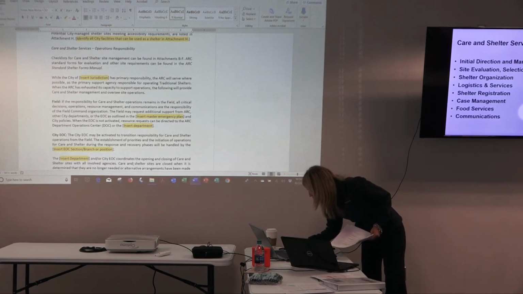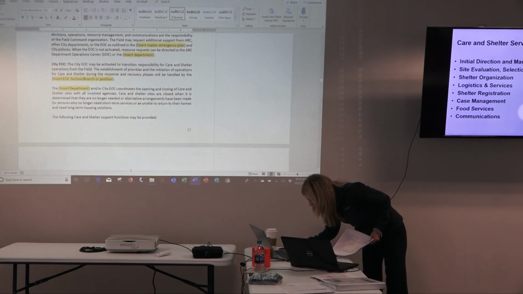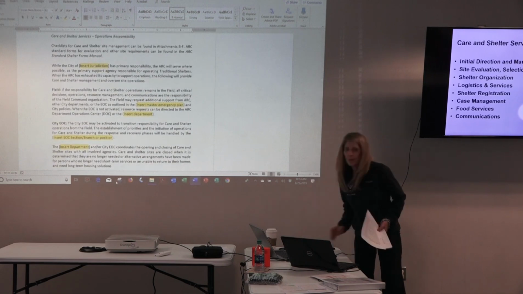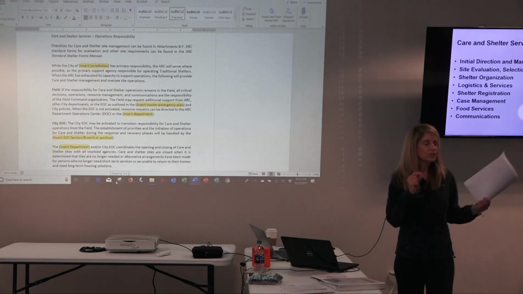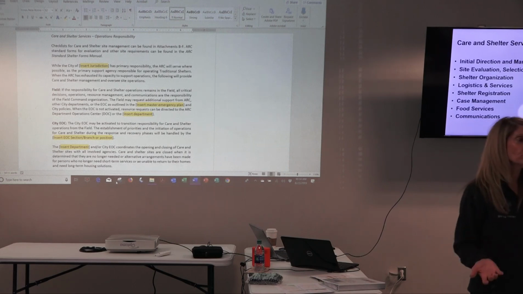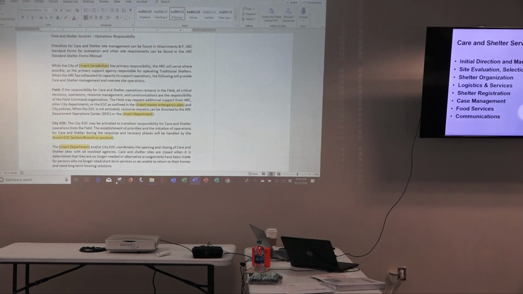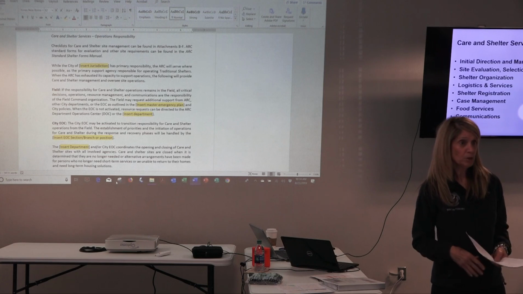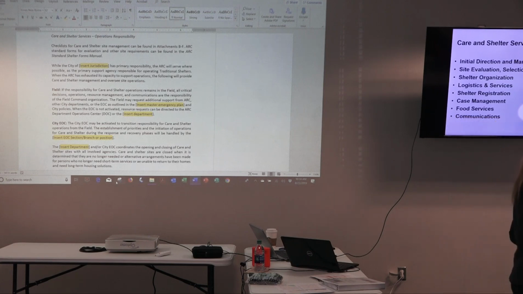and I want to go back to page 22. When we talked about the different places that decision to activate might occur, we talked about it could occur at the field. So you have an incident that happens and you have field command and they anticipate a need for sheltering.